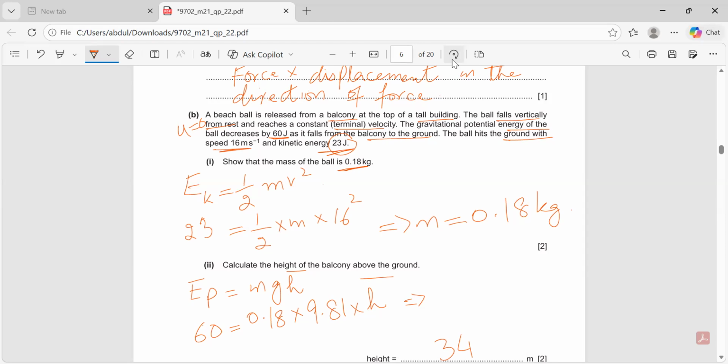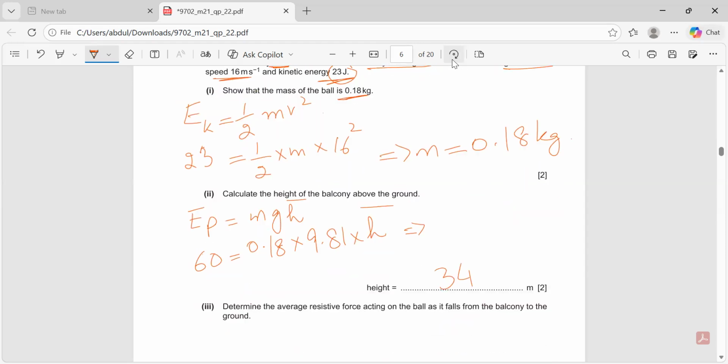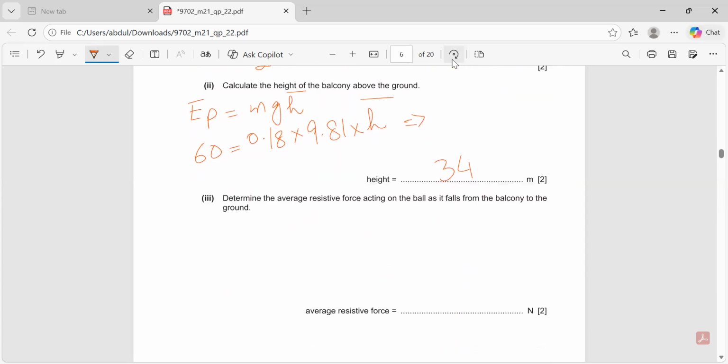So applying the law of conservation of energy here, first we will calculate the work done against resistive forces, then we can calculate the average resistive force.